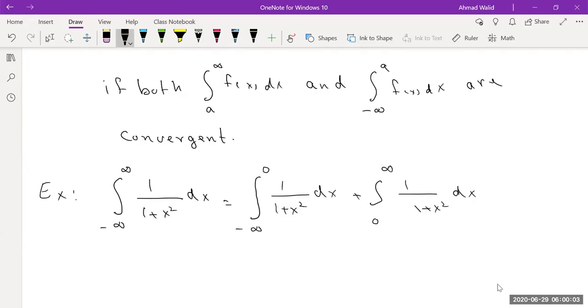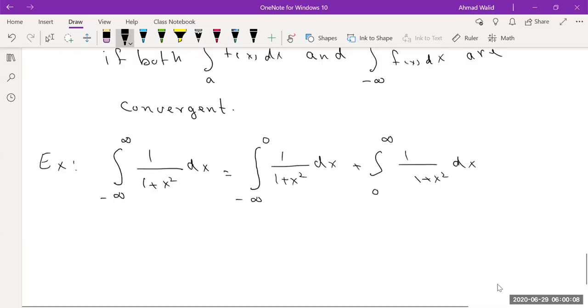Now you know when you have negative infinity, you can name it t and you can take the limit, right?